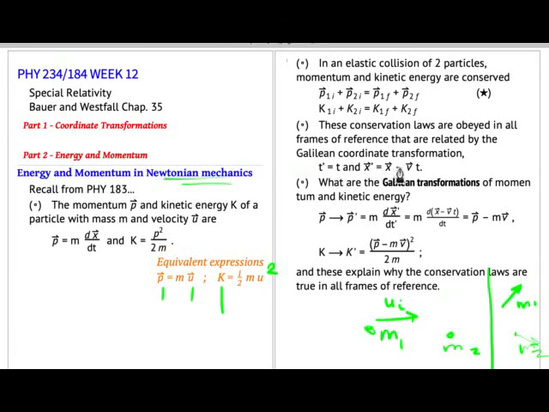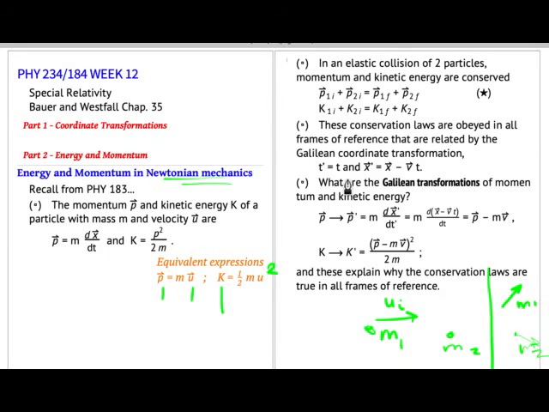So here, t and x are the coordinates in some frame of reference. t prime and x prime are the coordinates in a frame of reference moving with velocity v relative to the first frame of reference. And this is the Galilean coordinate transformation. Time doesn't change. Position changes only because of the relative velocity of the two reference frames.